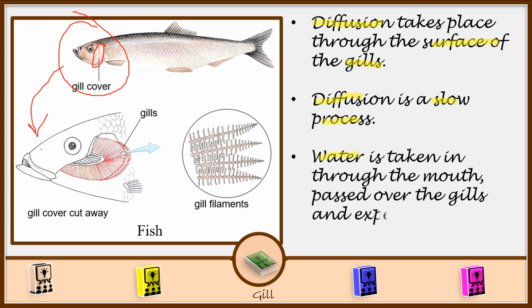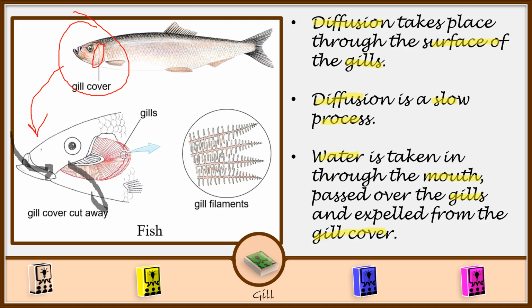Water is taken in through the mouth and passed over the gills, and then expelled through the gill cover. So our water is going to pass through the mouth and enter inside. When it enters inside, then it will pass over the gills, and then it will pass out through the gill cover.